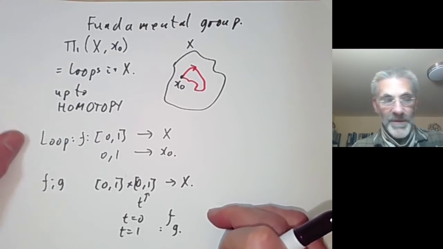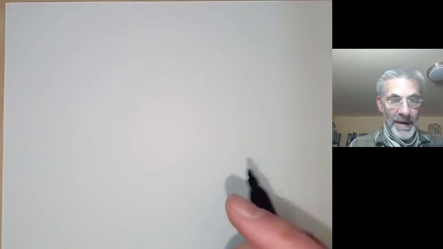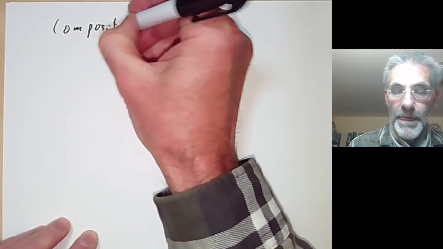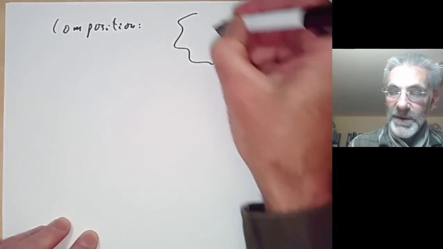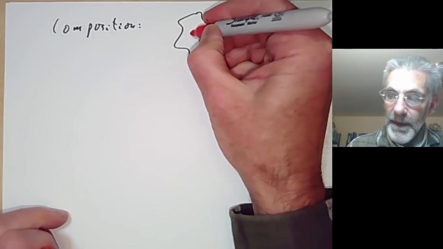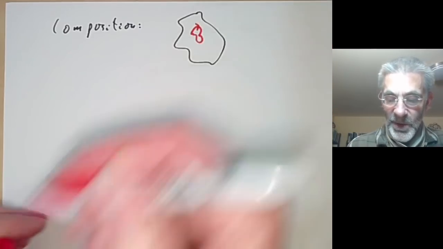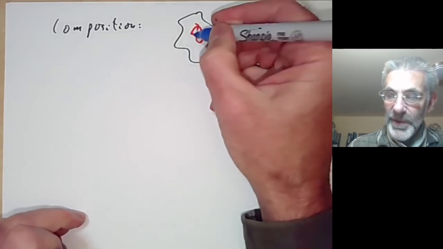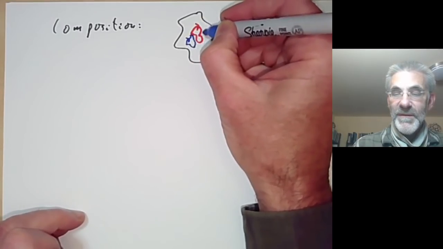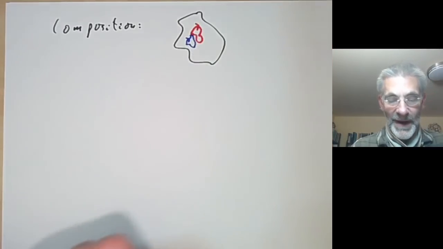So we want to show that this forms a group. Composition is fairly obvious. If we've got a red loop and a blue loop, then we can compose these and get a new loop that first goes around the red loop and then around the blue loop.